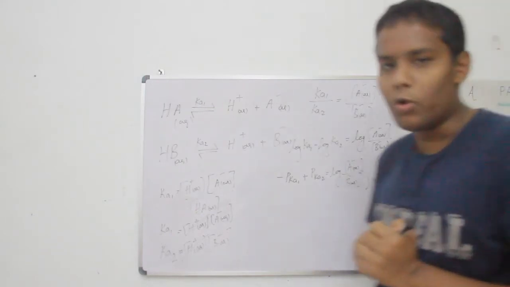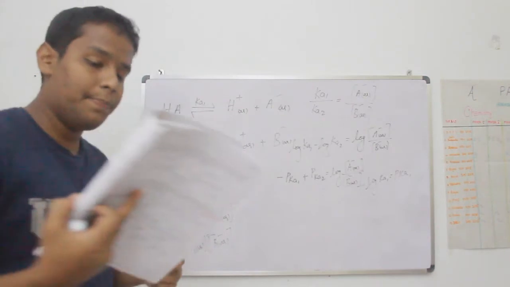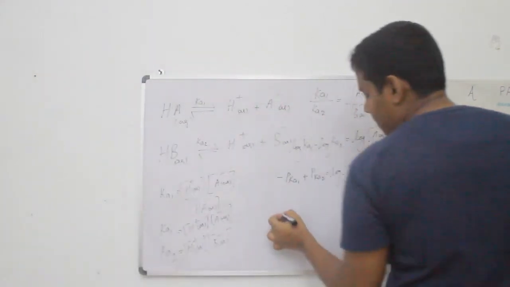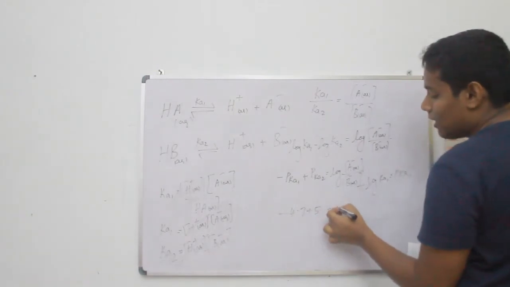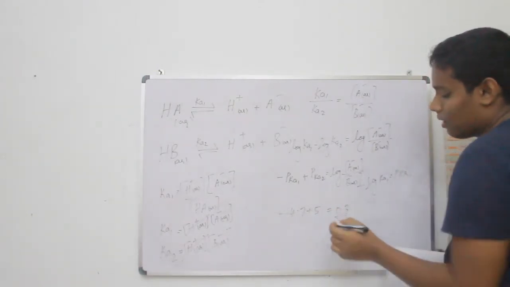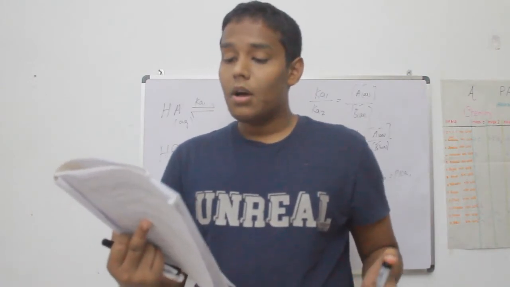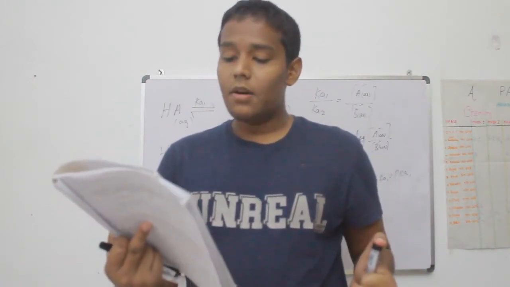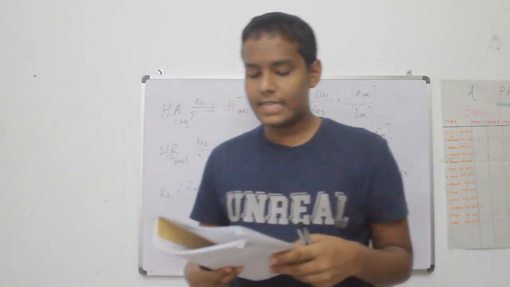So minus pKa1 value will be minus 4.7 plus 5. So your answer will be 0.3. So your answer for question number 15 will be 0.3, the third answer. Okay, 16.